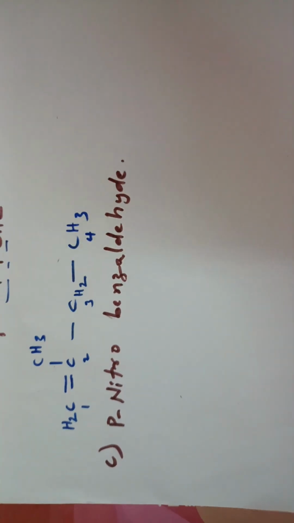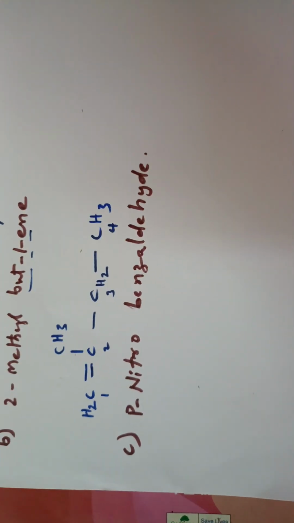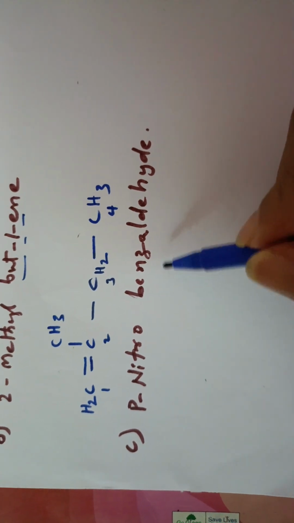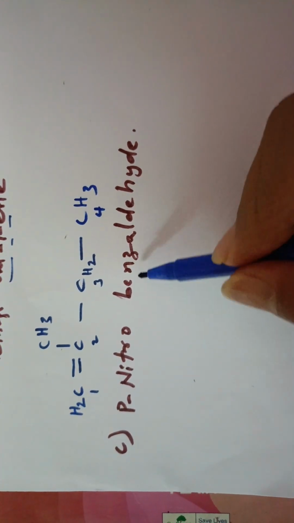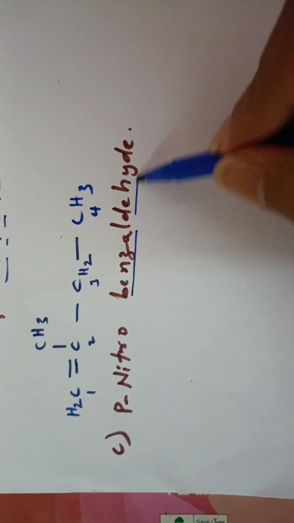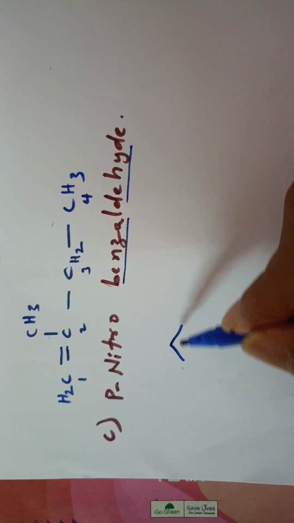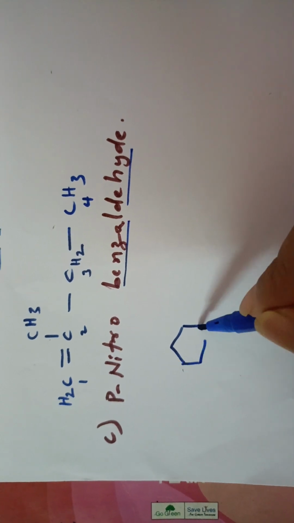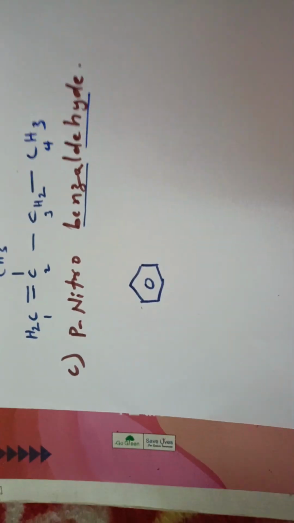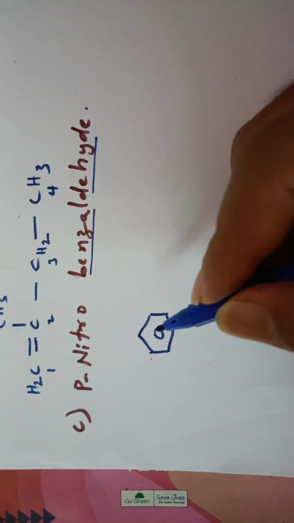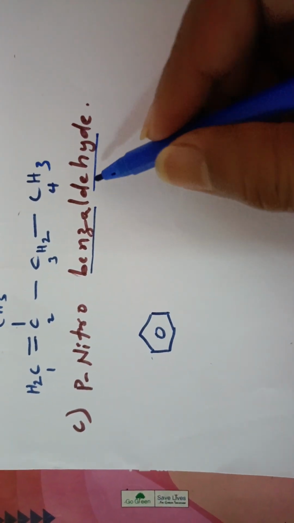For this, okay, what is the root word here? Aromatic compound, benzaldehyde: benzene and aldehyde. So first I am writing this is the benzene. First we have to write the benzene ring. To that benzene ring there is an aldehyde group.